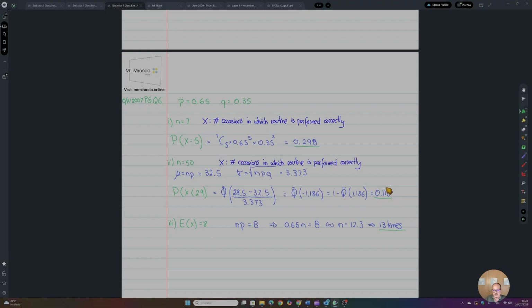Of course, this corresponds to 1 minus 0.882.